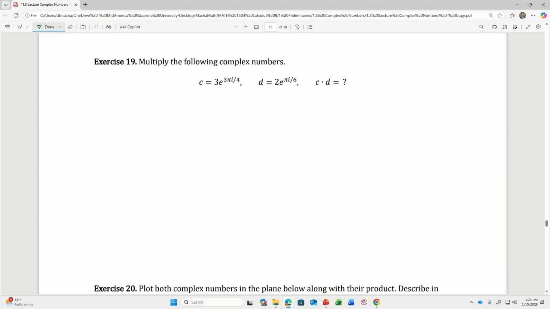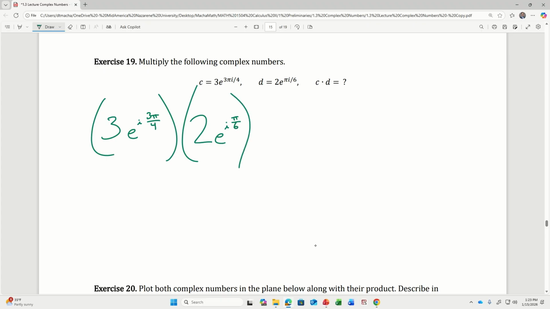If you are multiplying complex numbers given in polar form, like I want to multiply 3 e to the power i 3 pi over 4 times the number 2 e to the power i pi over 6, I would multiply 2 times 3, and then there's a property of exponents that tells me if I'm multiplying two exponents with the same base, I can just add the exponents.